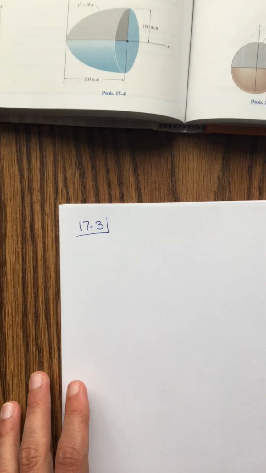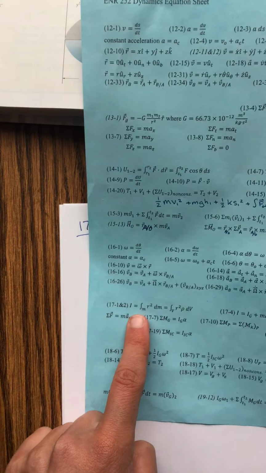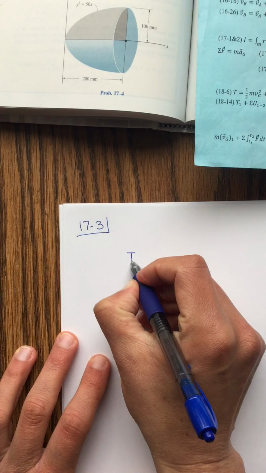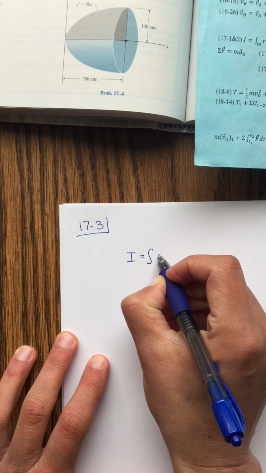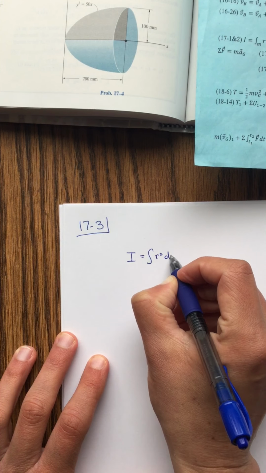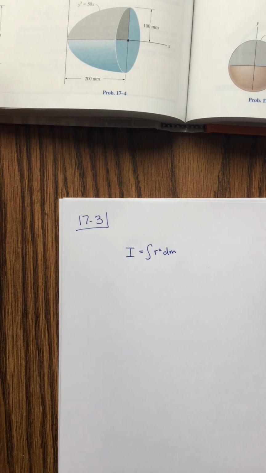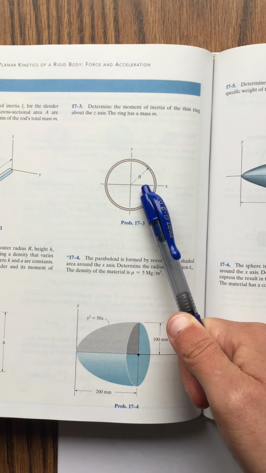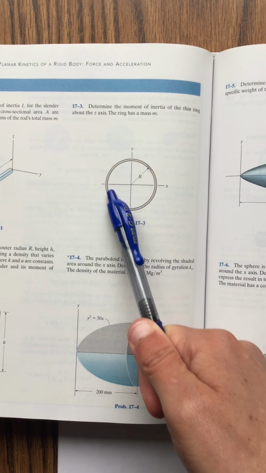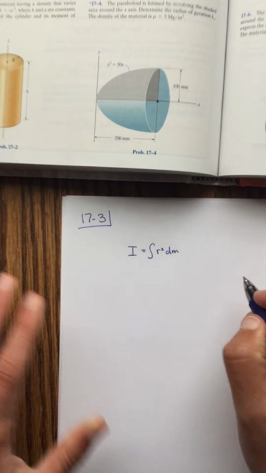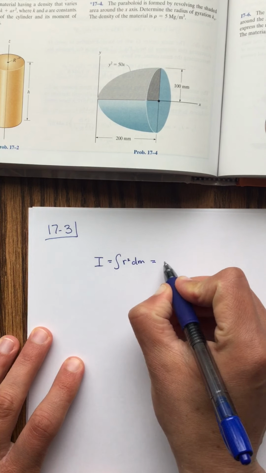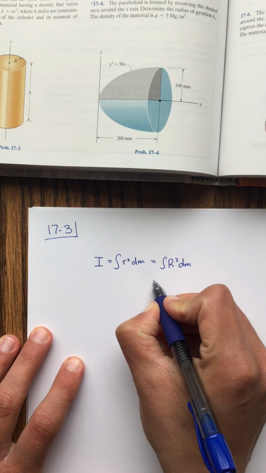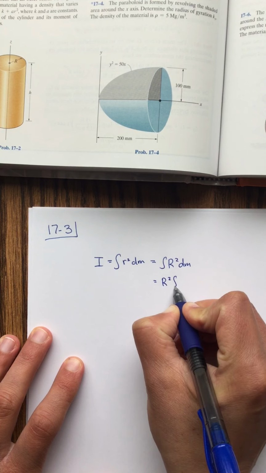So we can actually use here equation 17(1) and say the moment of inertia is equal to the integral of r squared dm, but in this case, r squared is always capital R squared since all of the mass is at a distance, capital R. So we can say that is R squared times the integral of dm, and capital R is a constant, so it can come outside of the integral.